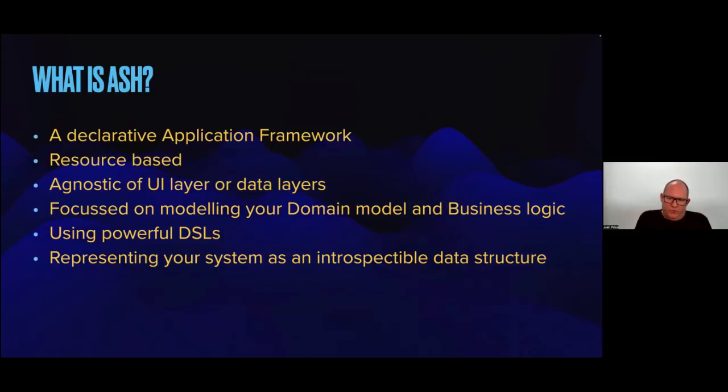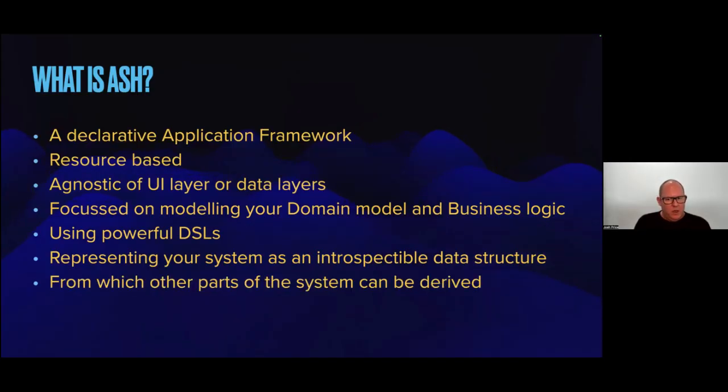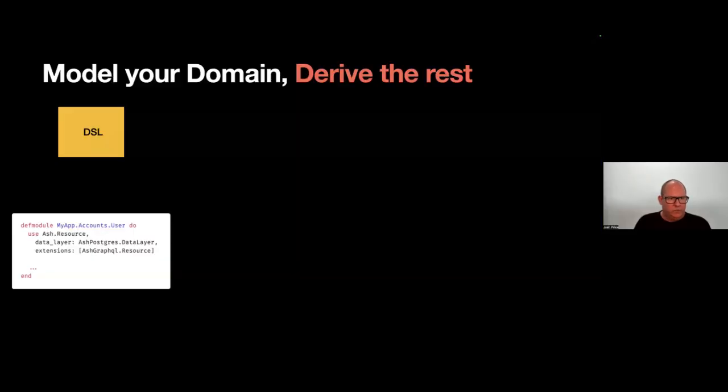It becomes an introspectable structure. That's pretty much the big idea. Remember that. We'll cover it again. From that data structure, we can introspect it and derive pretty much anything you can imagine. We'll see some examples. So remember the big idea. We've got a DSL that you write, and basically that's an internal Elixir.